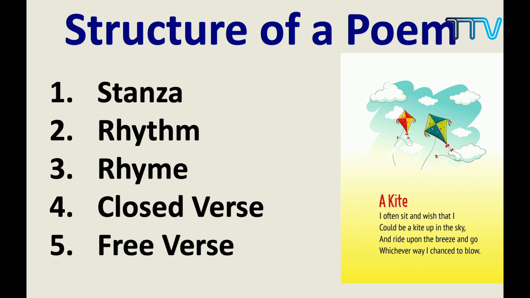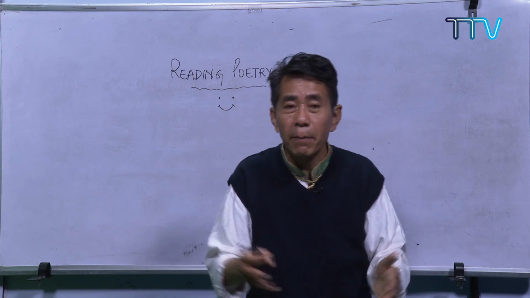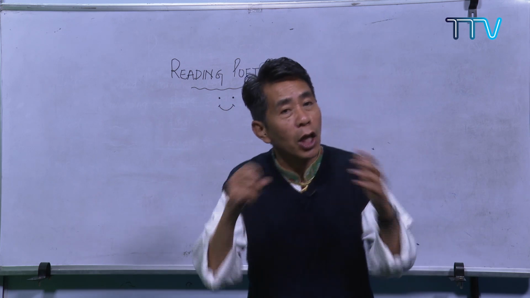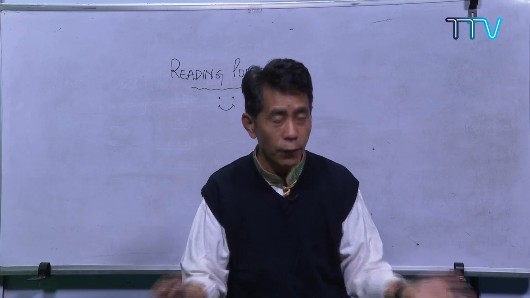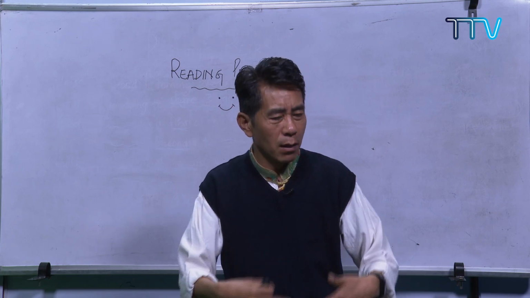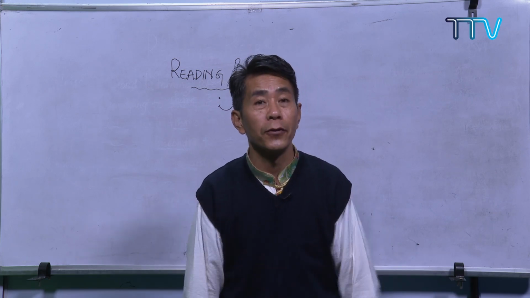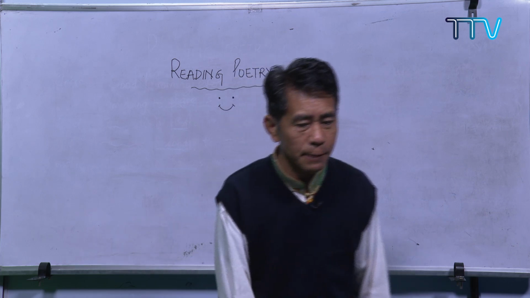Closed verse means the poet sticks to a particular rhyming pattern, for example, A, B, B, or A, B, C. If the poem follows a particular pattern, we call it closed. There's no freedom. Free verse, by looking at the word, it's clear for you.